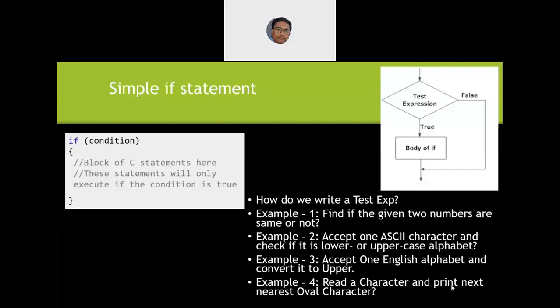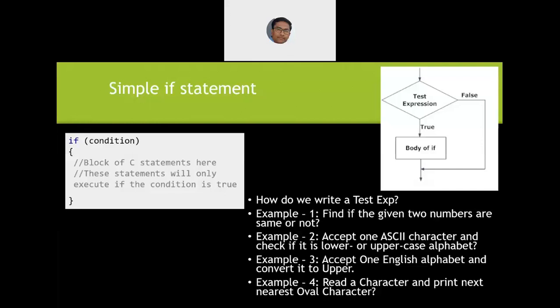Read a character and print its next nearest vowel character without using a loop. Is it possible?